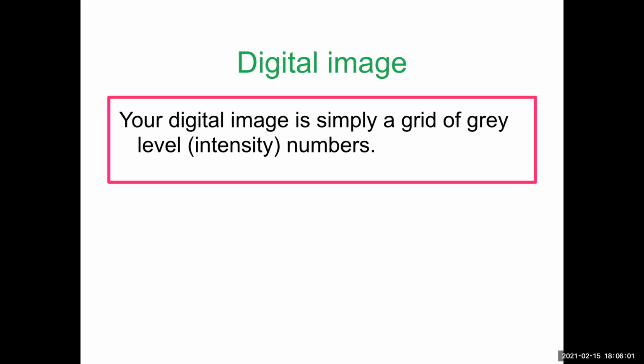Well, let's step back for a second. We know that a digital image is a grid of numbers, right? And now you know those numbers refer to the gray level, the intensity, on a scale of 0 to whatever your top value is. We can always count on 0 being black. There's always going to be a black or dark gray, a 2, a 3, a 10, something like that, still dark gray.